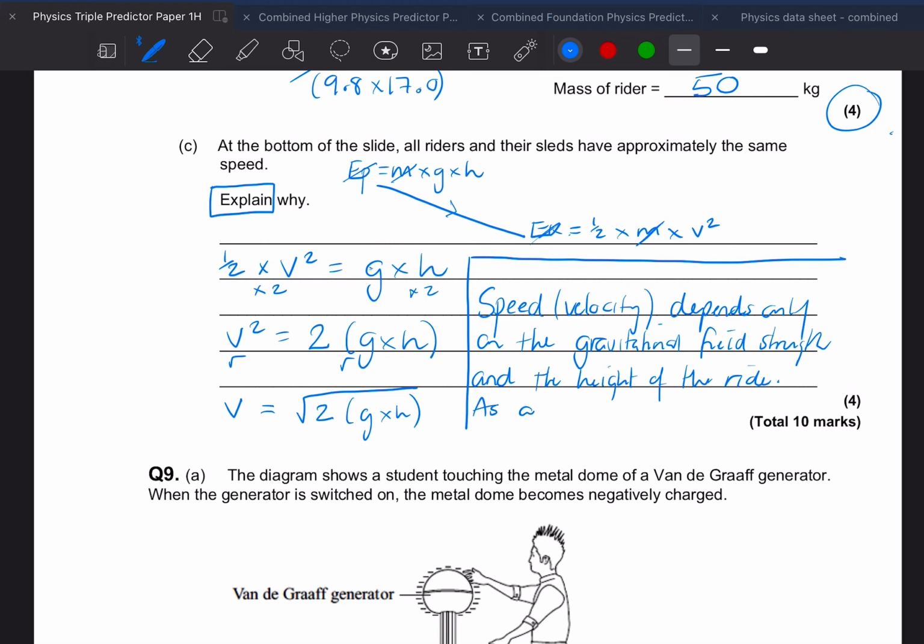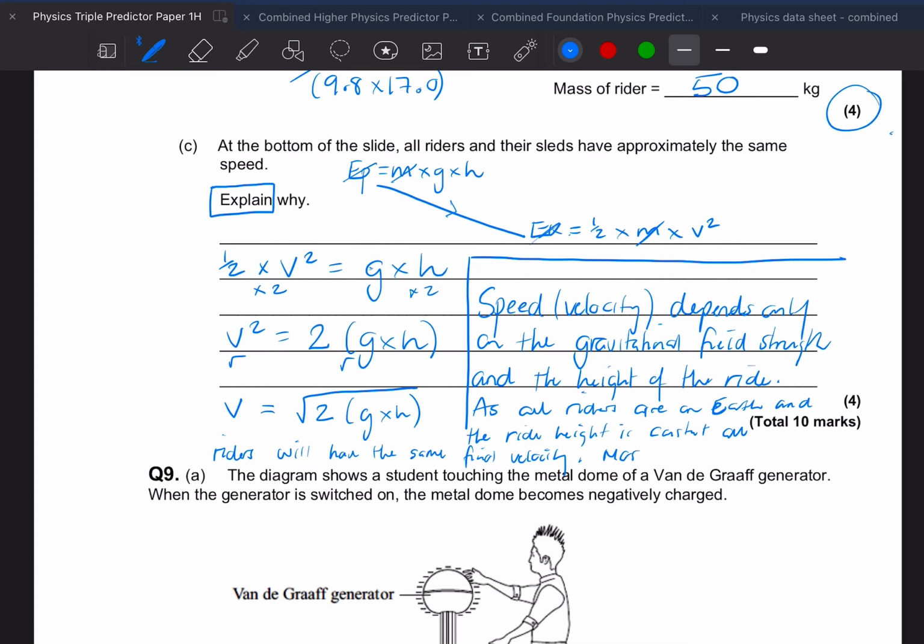As all riders are on Earth and the ride height is constant, all riders will have the same final velocity.